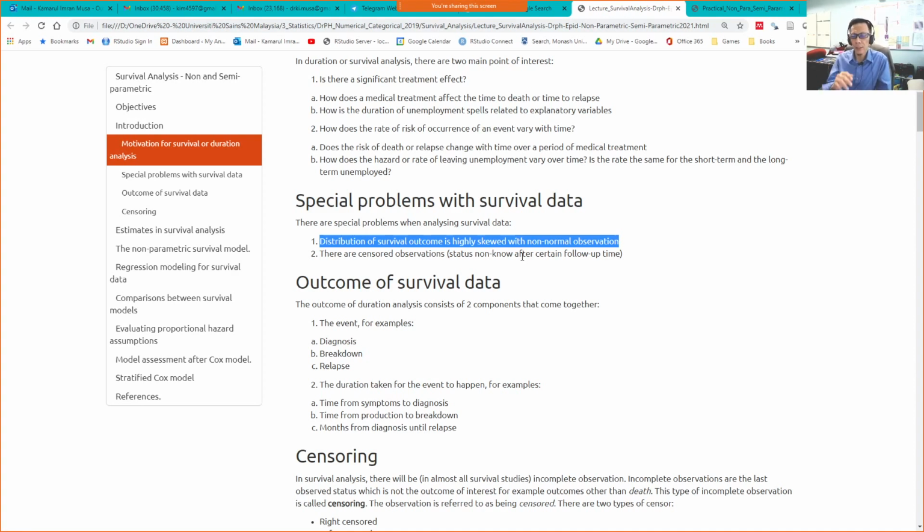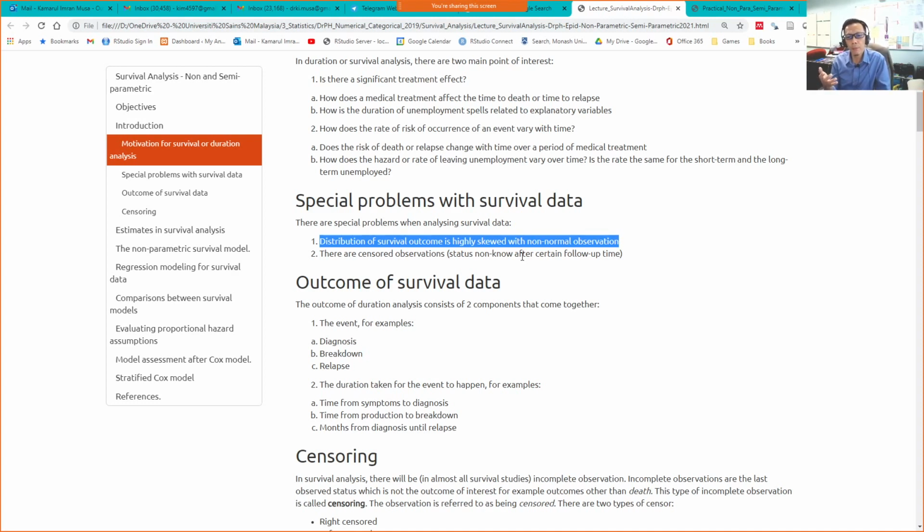Sometimes the outcome is high and more common at the initial part of the observation, or sometimes it will be high at the end of the observation or study. So it is not normally distributed most of the time.